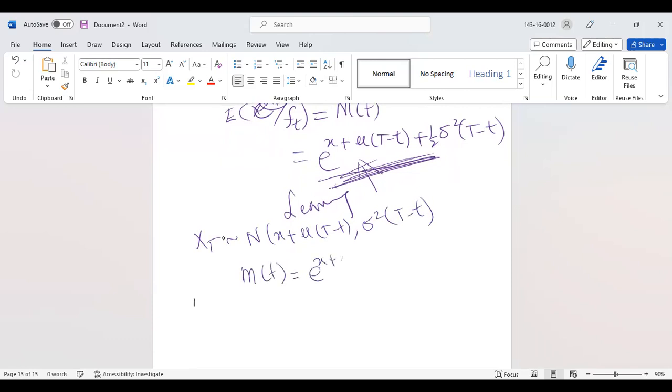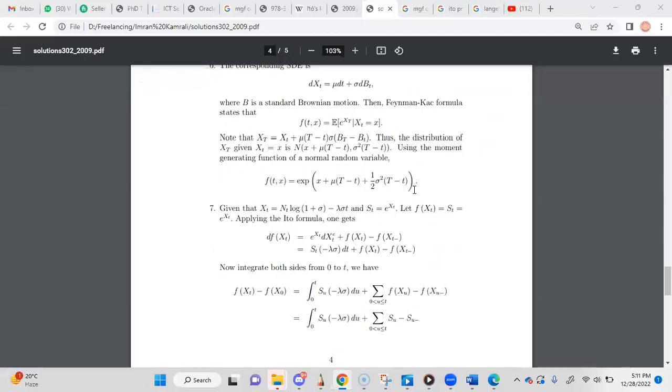Maybe it's 1 over 2, just confirm. Yes, over 2. So he has used this concept.